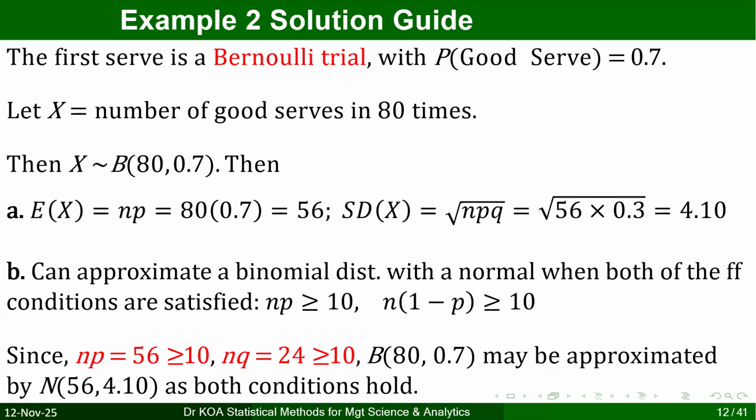And so we can approximate the whole thing, which was binomially distributed with n of 80 and p of 70%. We can now say that it can be normally distributed with 56 as the mean and 4.10 as the standard deviation, because a normal distribution is defined by the mean and the standard deviation.